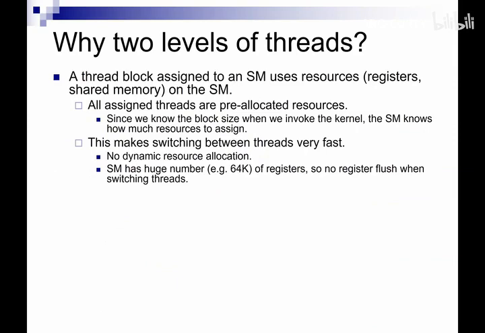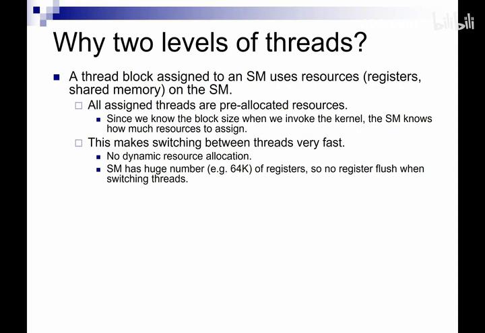Now, when you assign a block to an SM, so if the block has, let's say, 256 threads, then we know exactly how many resources that block uses. Resources include things like how many registers the threads use, because after you write your program, the compiler can figure out how many registers each thread needs.